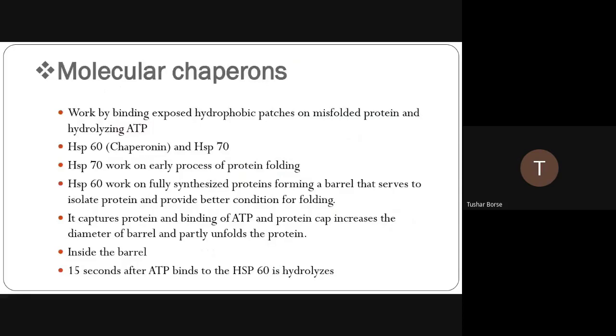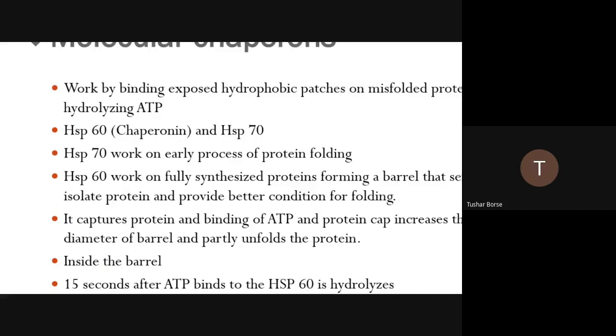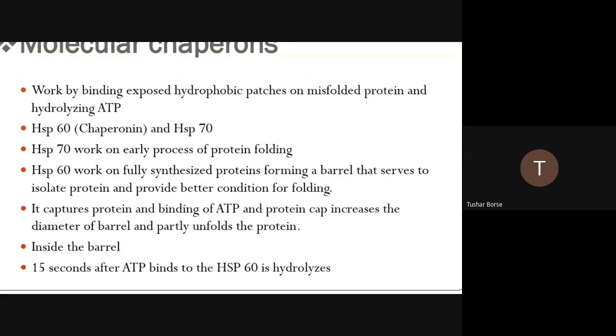There are molecular chaperones which work on the misfolded protein. The hydrophobic patches on the misfolded protein are exposed, and with the binding of ATP, the hydrophobic patches go inside the protein, and hence the protein gets folded properly.